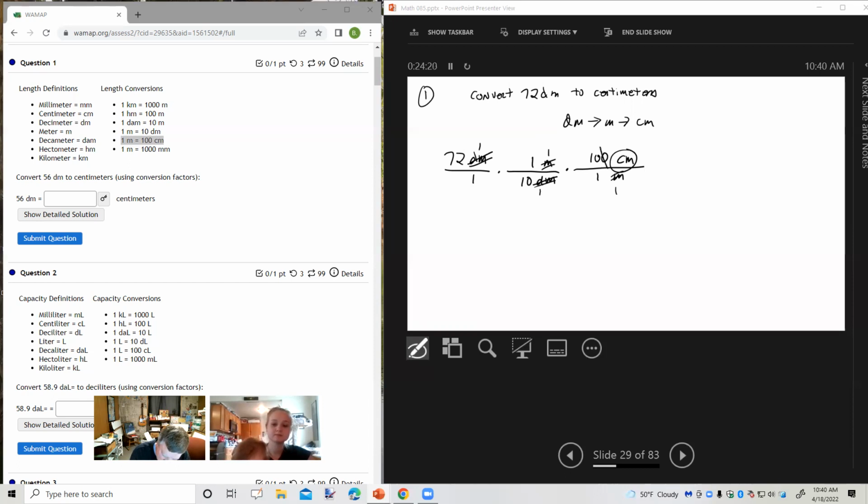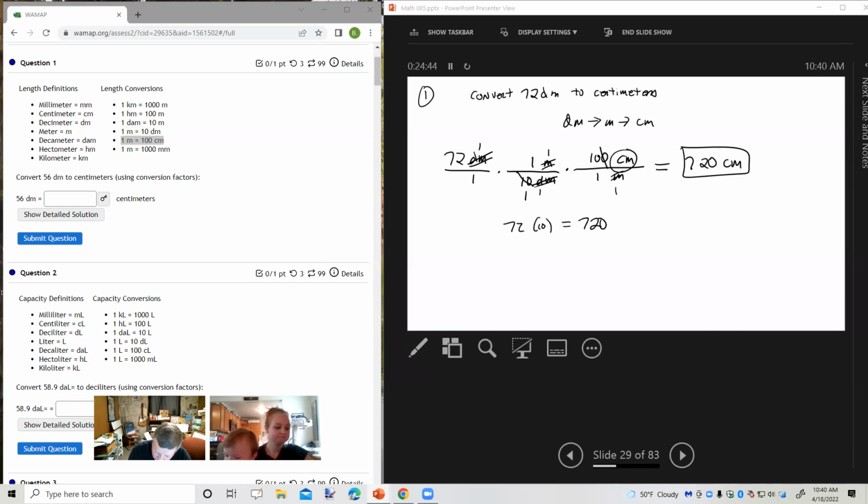So that would change 100 into 10 and 10 into 1. So now I have 72 times 10 centimeters. 72 times 10 is going to be what? 720? So we're going to have 720 centimeters. Any questions about this problem?